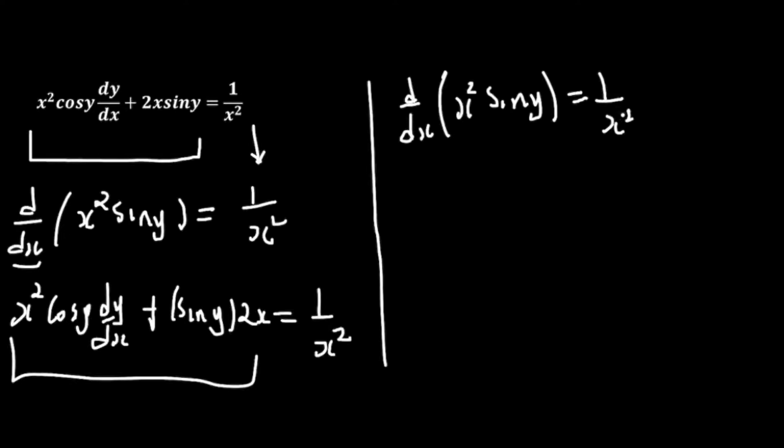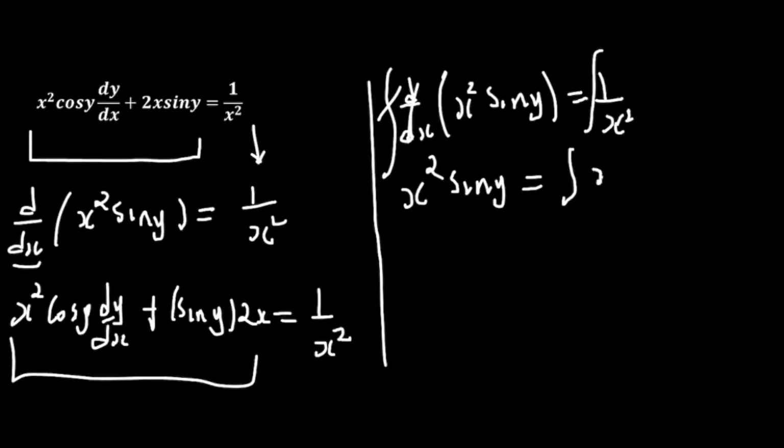I haven't changed anything actually. So if I take my integral sign on both sides, then this is going to cancel this. I'll be left with x squared sine y equals the integral of, now this is 1 over x squared. I can write this as x to the minus 2.